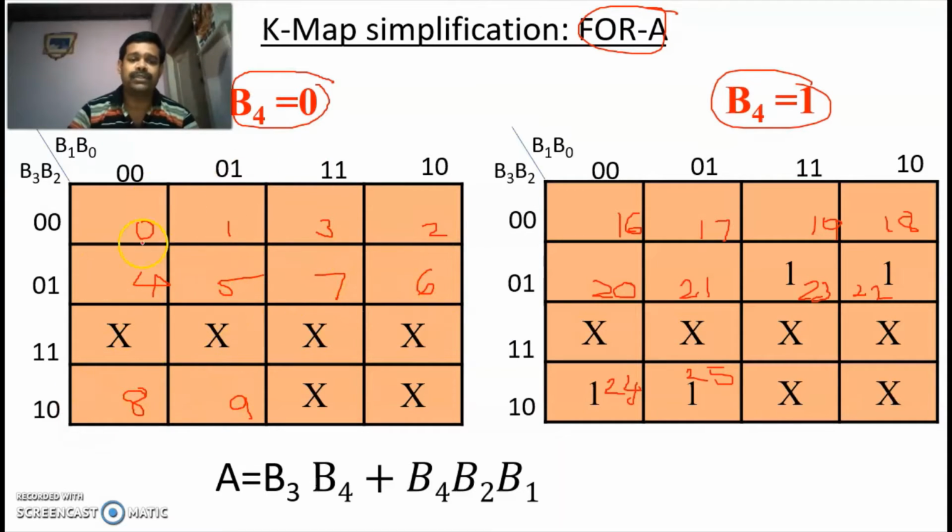These are the used states. Similarly here 16, 17, 18, 19, 20, 21, 22, 23, 24, 25 are the used states. And the unused states are 10, 11, 12, 13, 14, 15 and 26, 27, 28, 29, 30, 31.